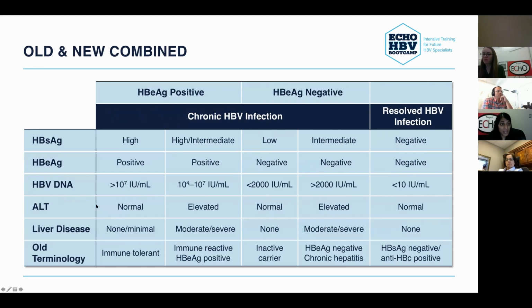All right, so that goes through in a little bit more detail, hopefully, some of the old terminology and the new terminology, and how this breaks down into what we call the different phases of liver disease we see. I will say that patients don't always fall into one of these categories.